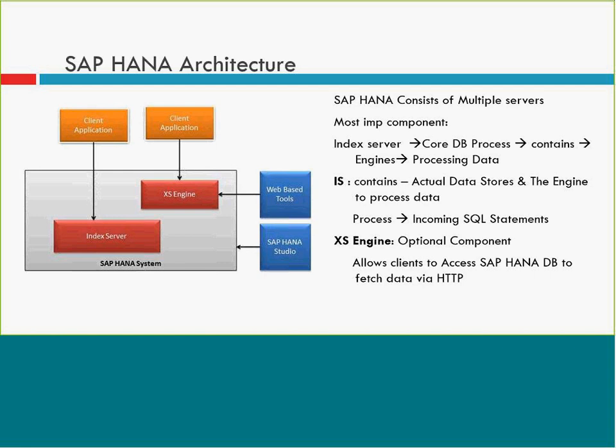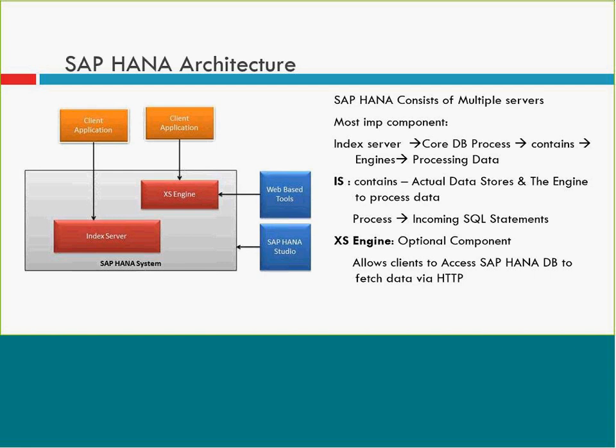It contains the engines for processing the data. The index server, IS, is what contains the actual data stores. It is the main SAP HANA database component, meaning the actual data store and the engines for processing the data.